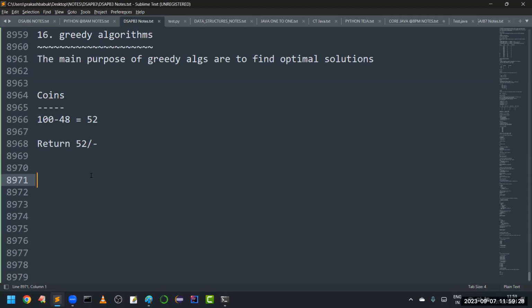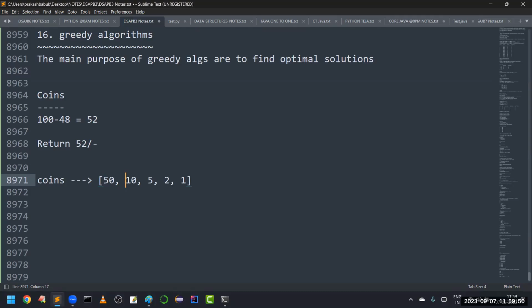See, there are so many possibilities. Consider that the coins available with me are 10 rupee, 5 rupee, 2 rupee, 1 rupee coins, and a 50 rupee note or coin.